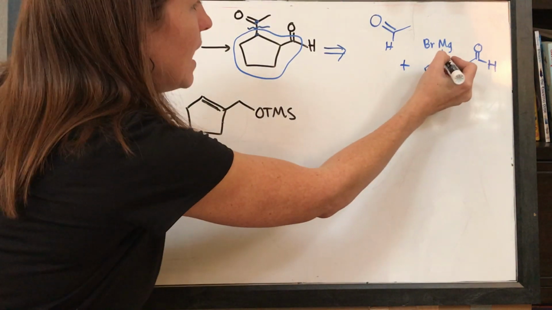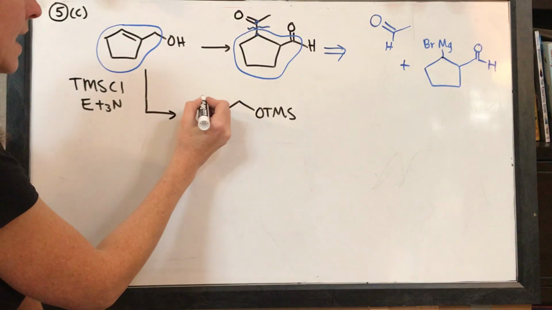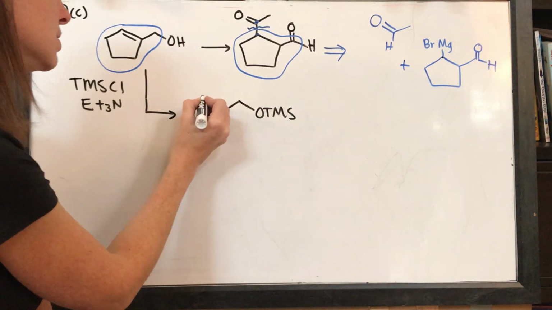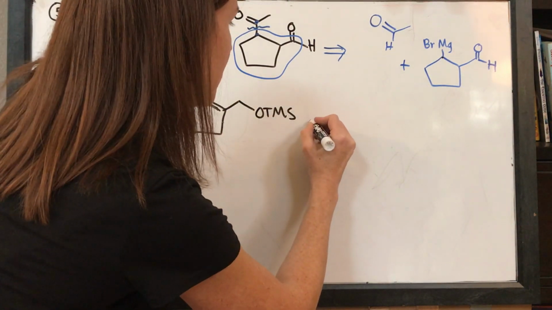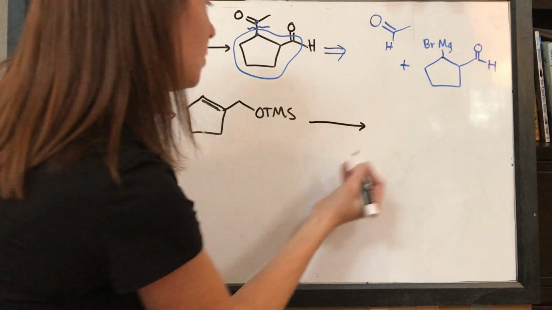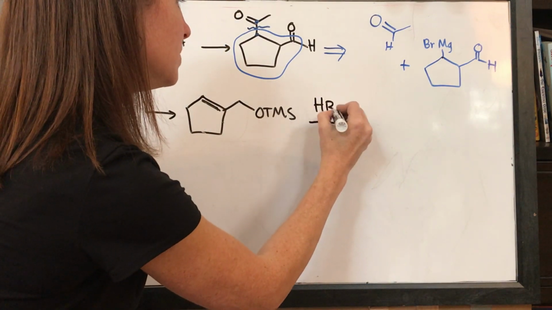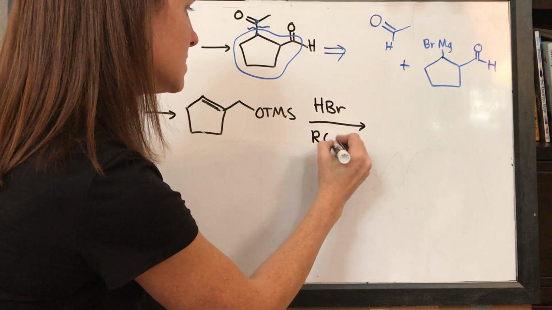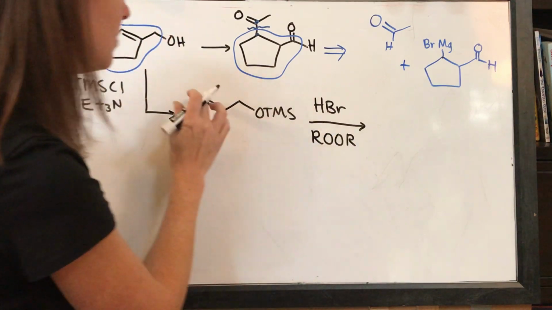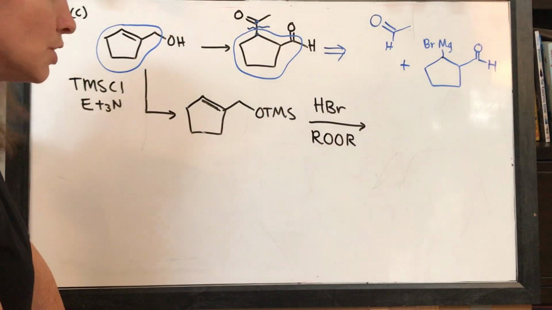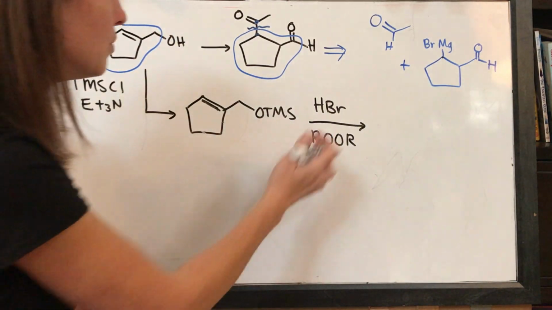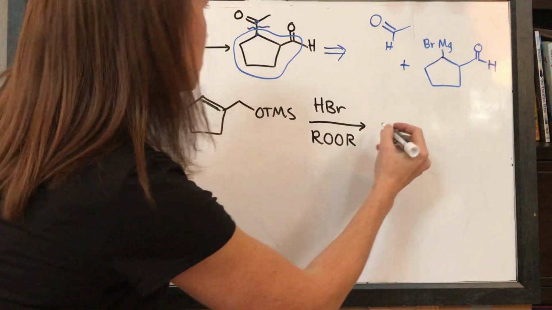And specifically, I want the thing that I'm adding to end up on the anti-Markovnikov position. So I don't have too many reactions that do that, but one that would work great is to use HBr and throw in some peroxide to make sure that the bromine adds to the less substituted carbon. A bromine makes sense here because then I can easily turn it into a Grignard reagent.